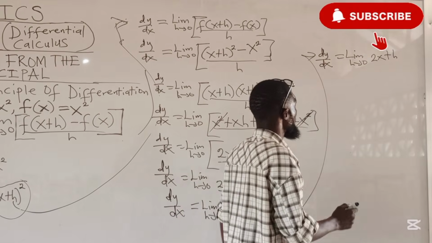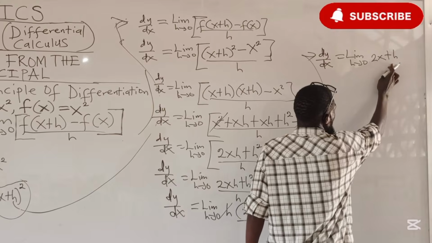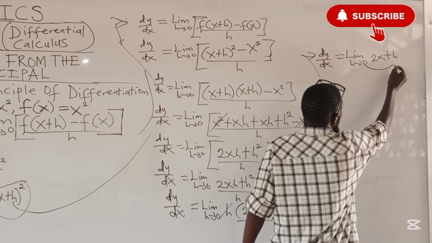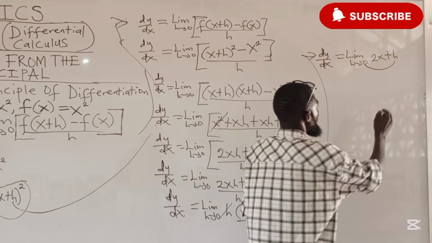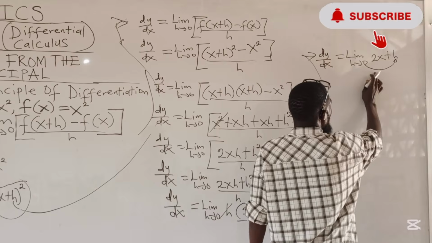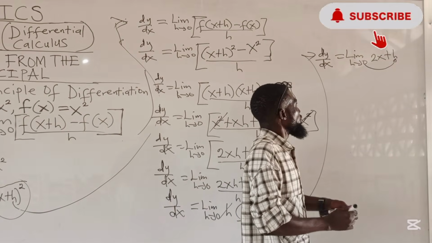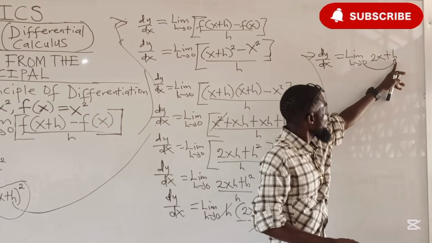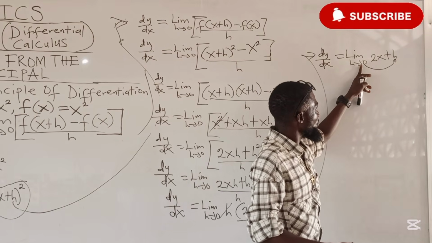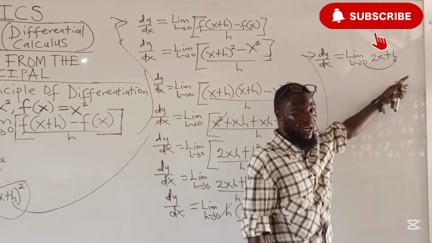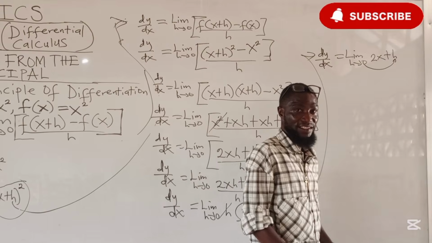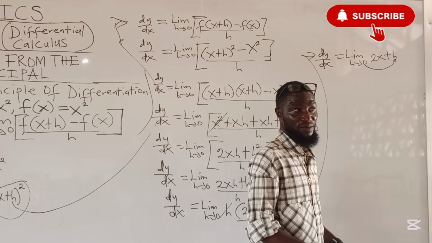But remember, we already have the value for h. And when we see h, it will represent 0. So the value automatically for h will be equal to 0. So h will represent 0, and 0 will be representing h. So when I see h, I will take 0 and place 0 there, just to solve our problem.